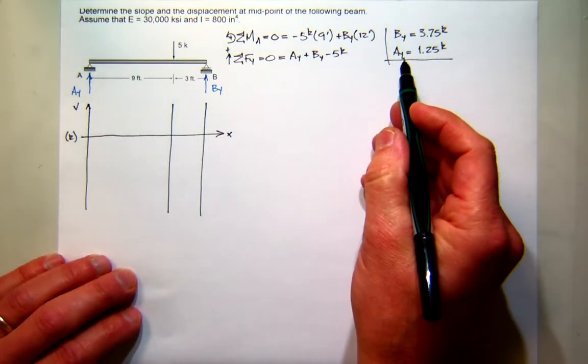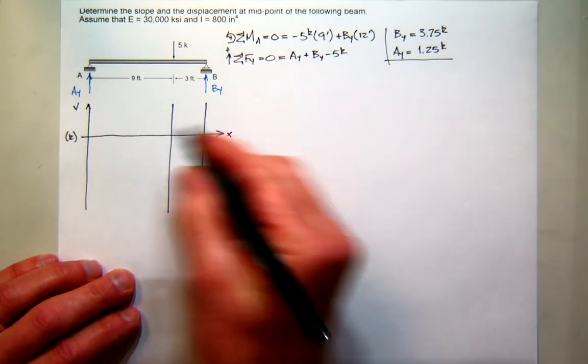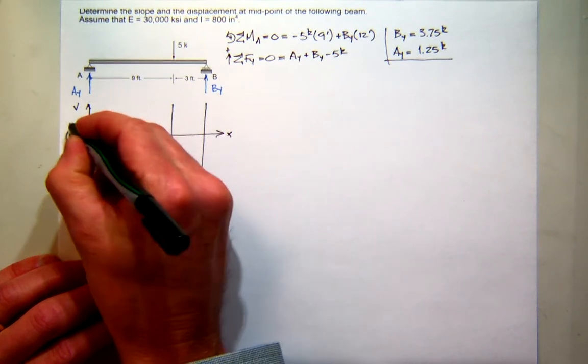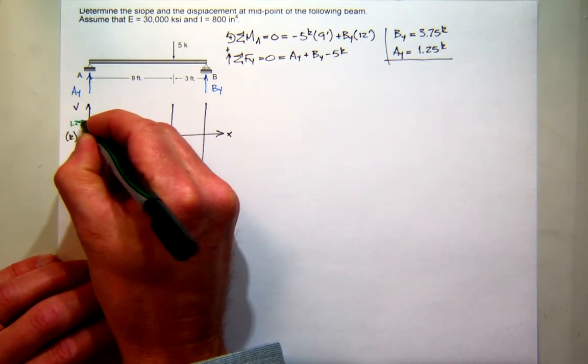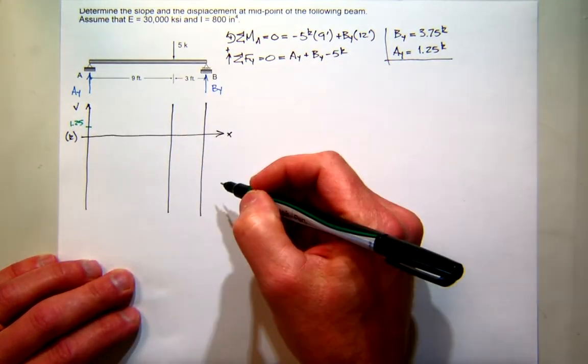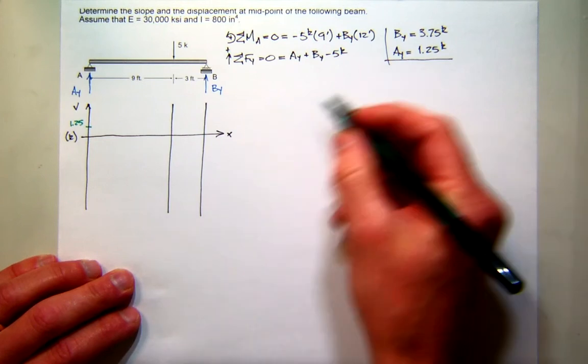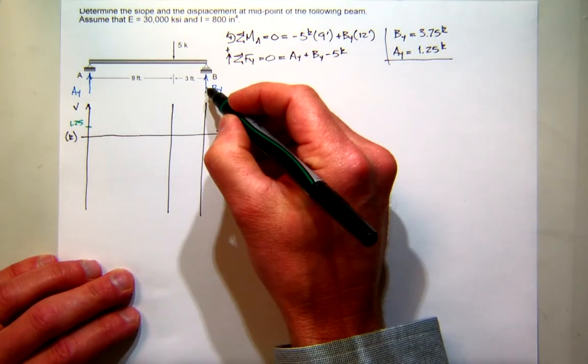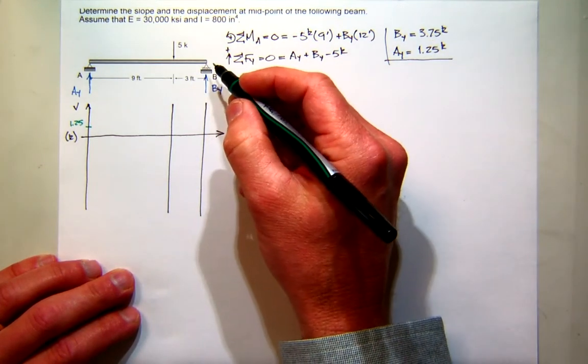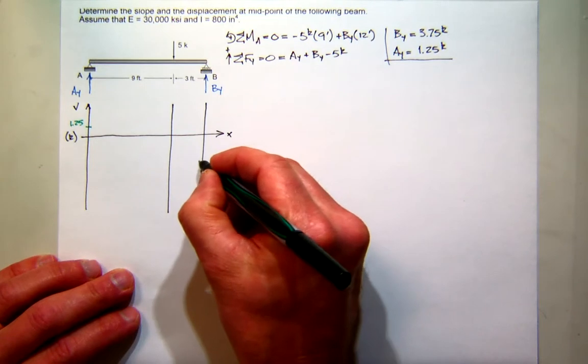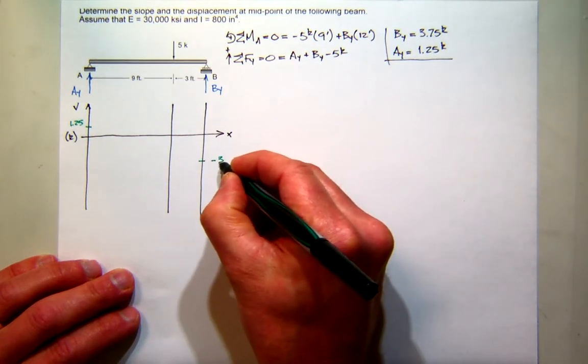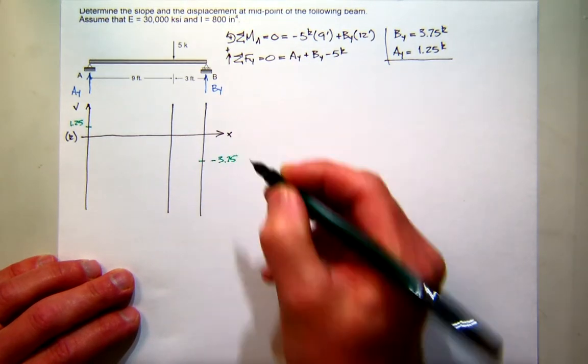Well, we have it going up of 1.25. And go over here at B. What's the shear at B? Well, it's 3.75, but notice that it's up, and that's negative shear on the right-hand side. So this should be negative 3.75.